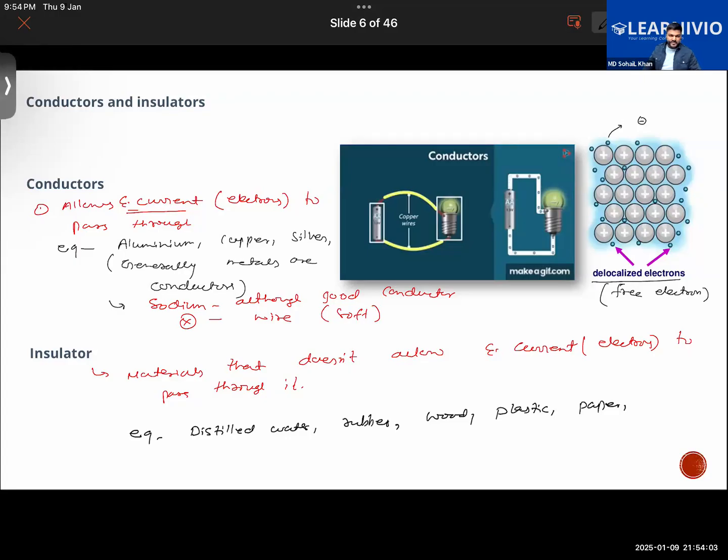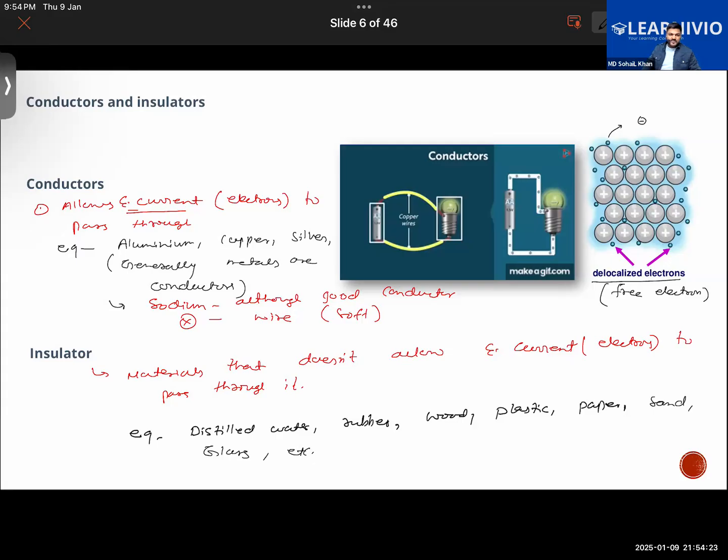Any other examples of insulators? What about sand, glass, right? So you have got sand, glass, etc. So these are some of the examples of insulators.